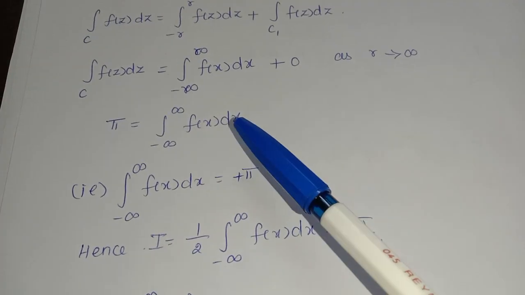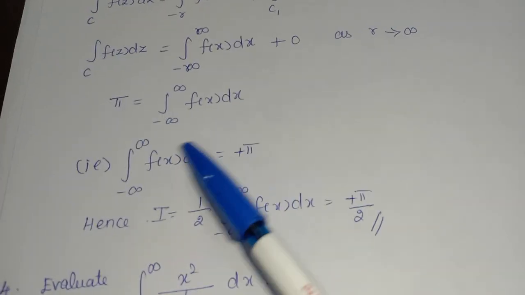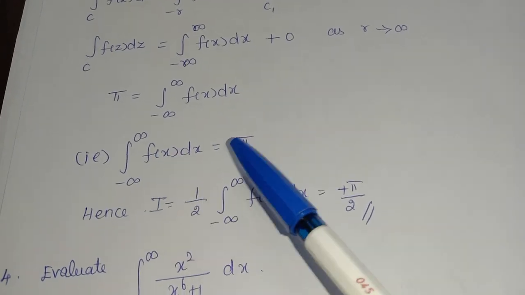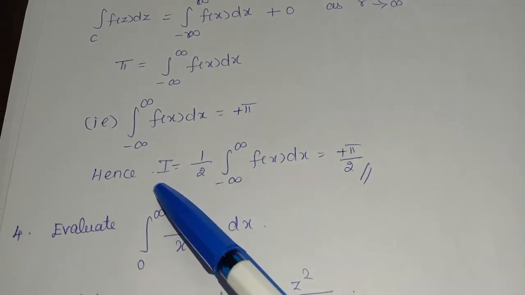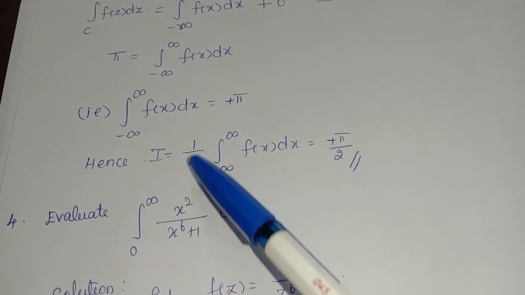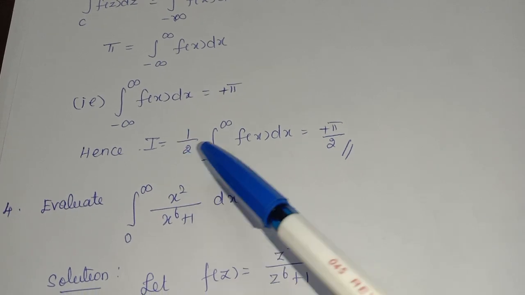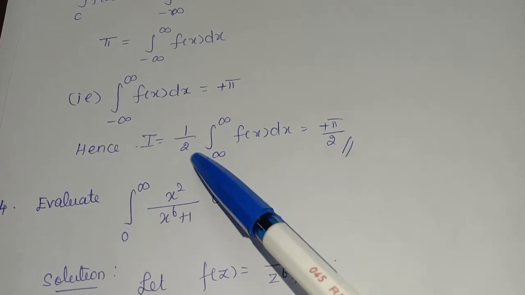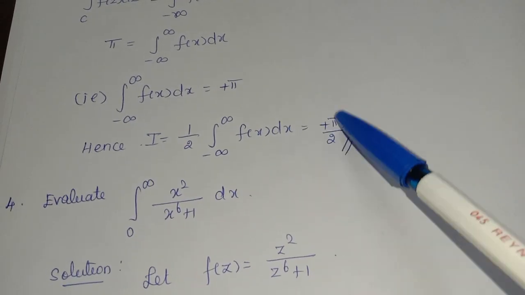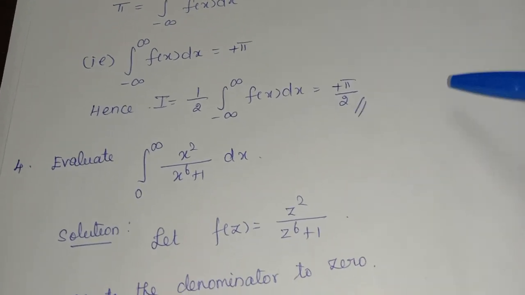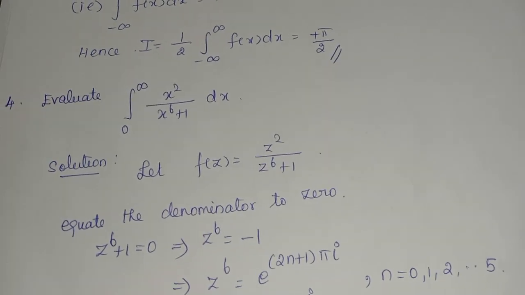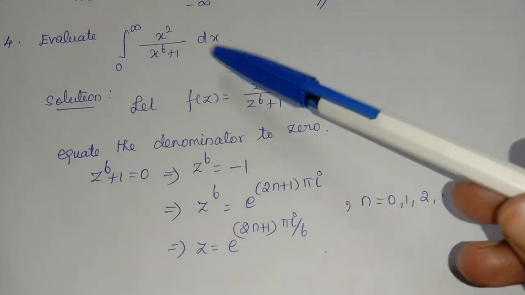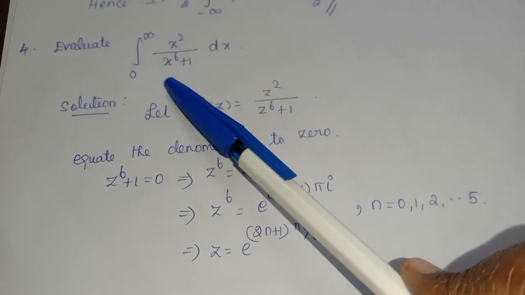So pi is equal to integral minus infinity to infinity f of x dx, or simply I is equal to 1 by 2. I is nothing but integral 0 to infinity only, no? 1 by 2 of this value, it's equal to what? Pi by 2.